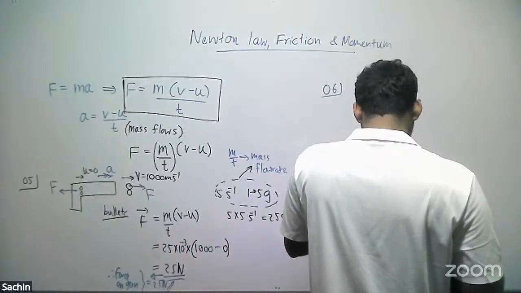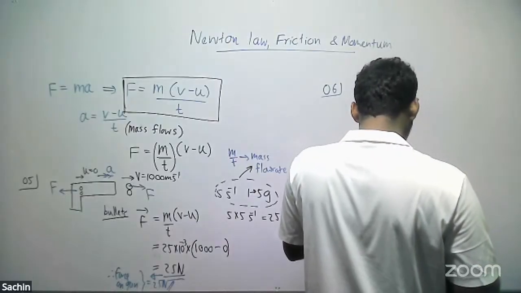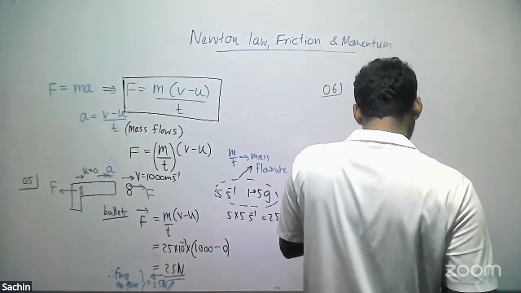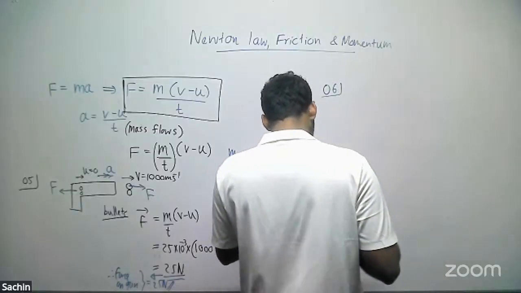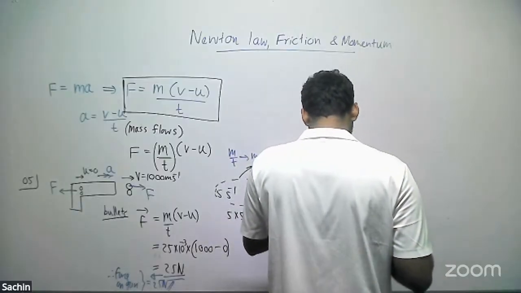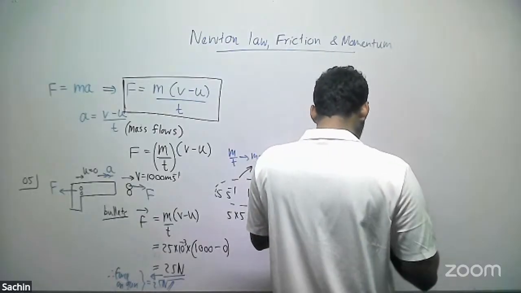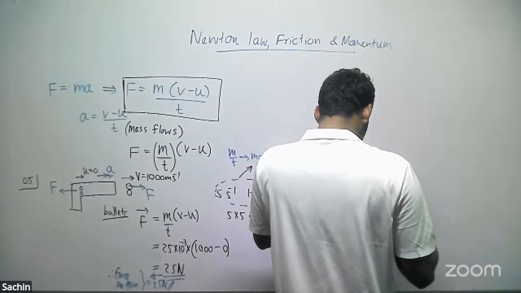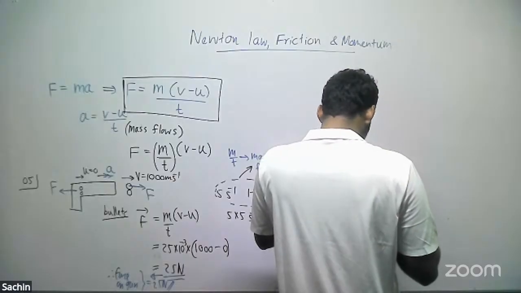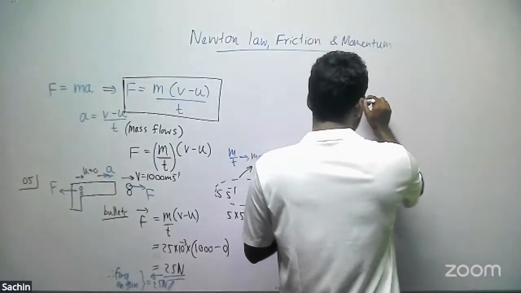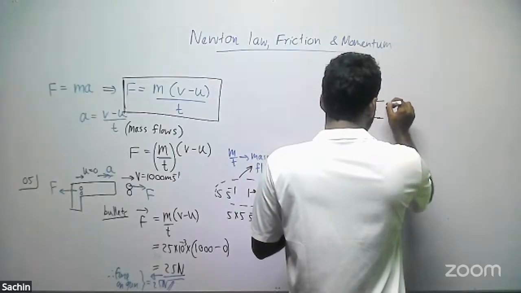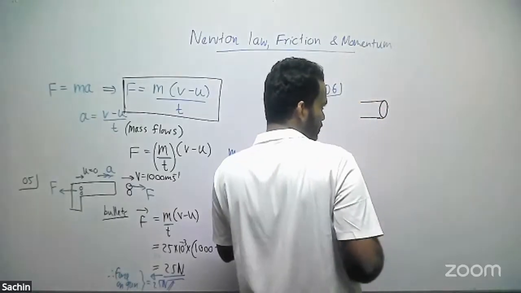Sixth one. The water jet hits normal to a wall and flows freely downwards. If the cross-section area of the jet is 40 centimeters square and the velocity of the jet is 10 meters per second, calculate the force on the wall. Okay, so there is a water jet like this.